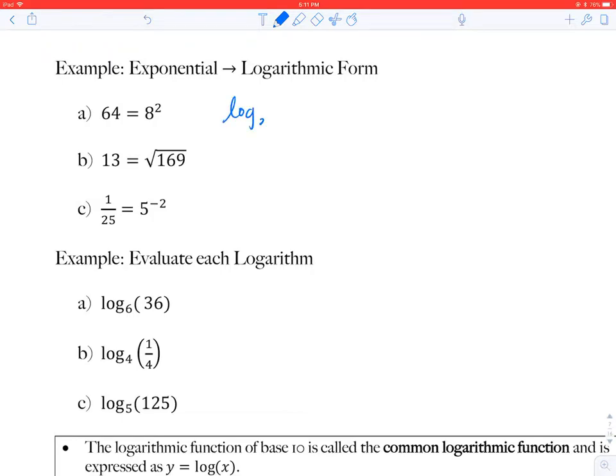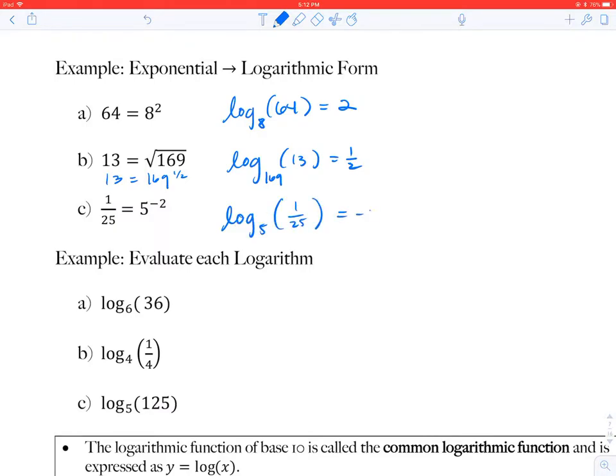So log base 8 of 64 is equal to 2. Another way to rewrite the square root is 169 raised to the 1/2 power, so log base 169 of 13 is equal to 1/2. Log base 5 of 1/25 is equal to -2.